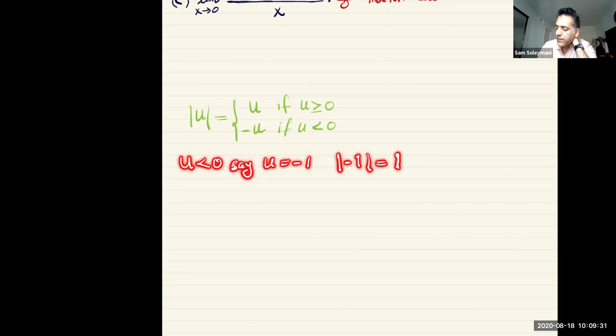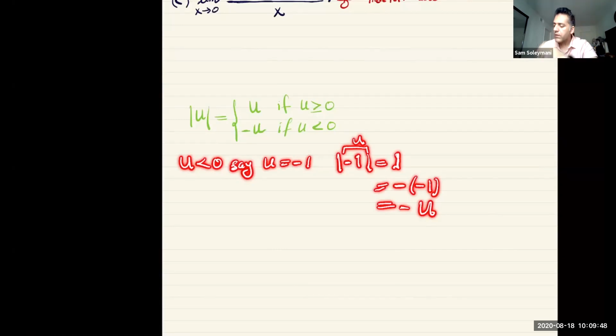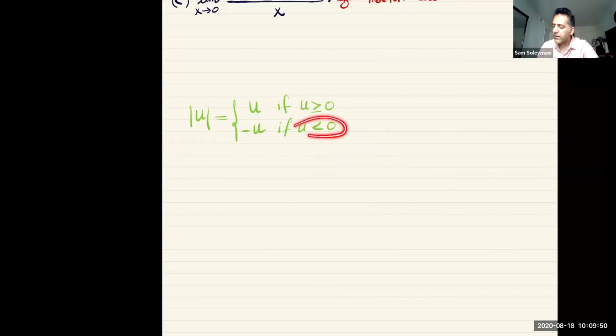Well, it's the opposite of actual u. 1 is the negative of negative 1. And negative 1 is our u. So it's the negative of u. So if u is negative, absolute value of u, you need to multiply it by a negative because a double negative makes it positive, right?